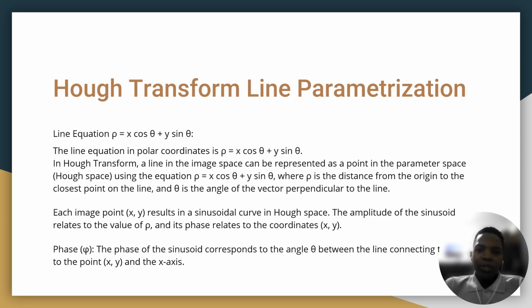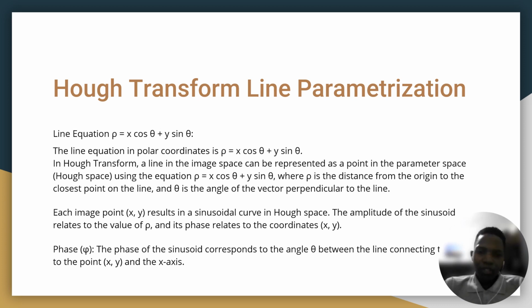Then finally, we're going to look at our Hough transform line parameterization. Here, we have to prove that the line equation is p = x cos θ + y sin θ. The line equation in polar coordinates is that, as we just said.